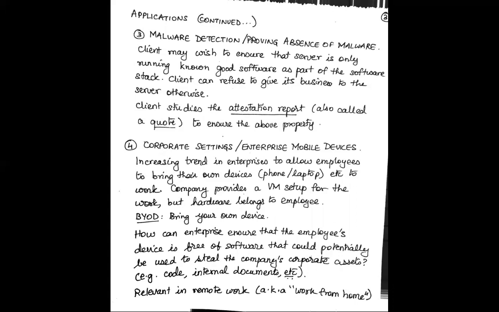So the third application is that of malware detection, or rather proving the absence of malware. Again, we can talk about this in a cloud setting. So the client may wish to ensure that the server is only running some known good software stack as part of the configuration that it's providing.